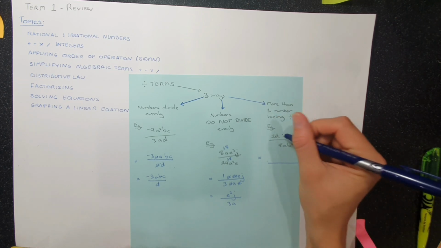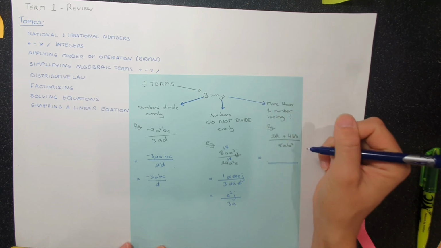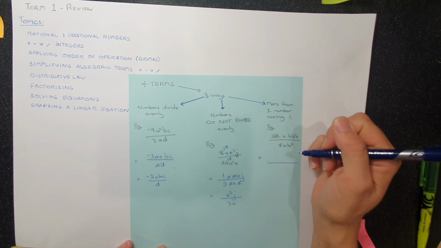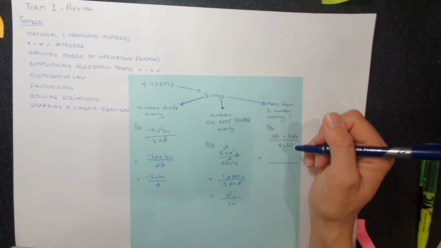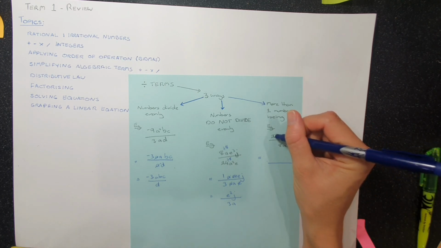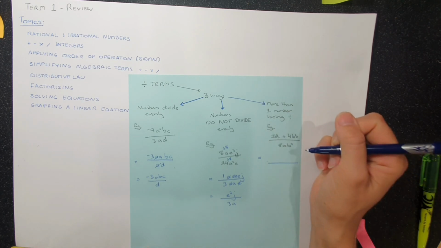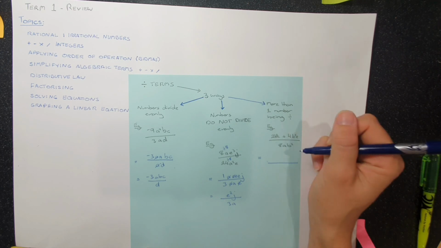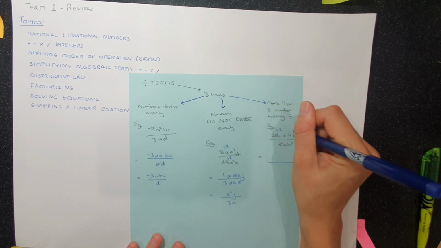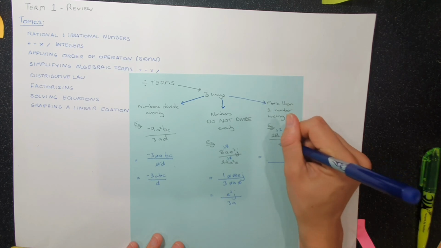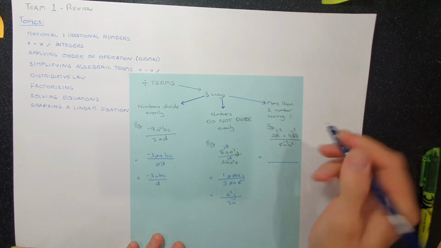What's the biggest number that divides into 2, 4, and 8? Well, 2 happens to be the smallest number on here, which means the number that divides in can only be as big as 2. And 2 divides into 2 evenly, 2 divides into 4 evenly, and 2 divides into 8 evenly. So I'm going to simplify all of these by dividing by 2.